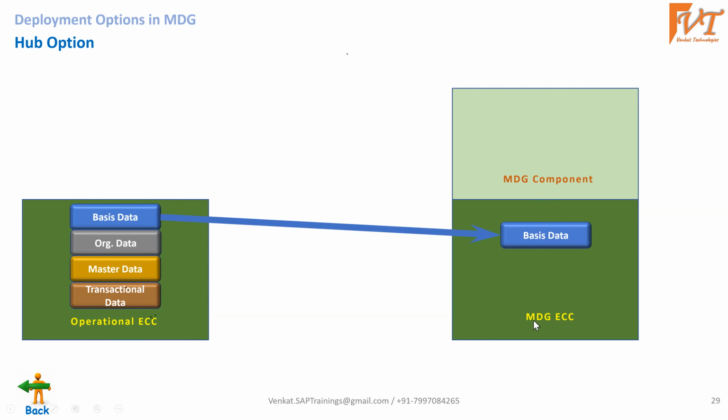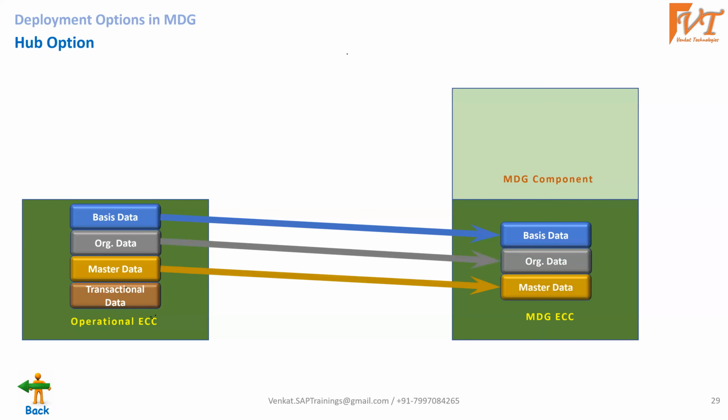And while building the new MDG system, they need certain data. Basis data can be transported from the current transactional system to MDG optionally, or they can create their own data manually in the new MDG system, as well as the organization data, as well as the master data.